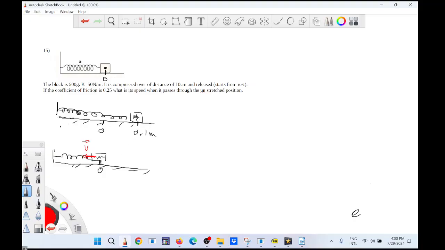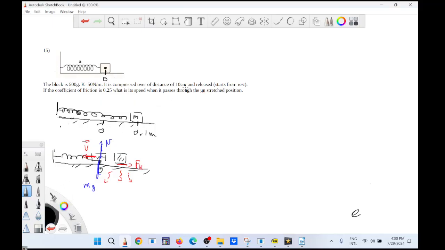All that potential energy goes into kinetic energy, but on its way, you see the frictional force is acting, and some of the energy is going to be lost into heat. And you also have the mass here, the normal force, and the restoring force.